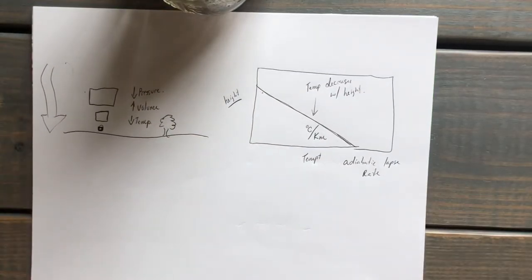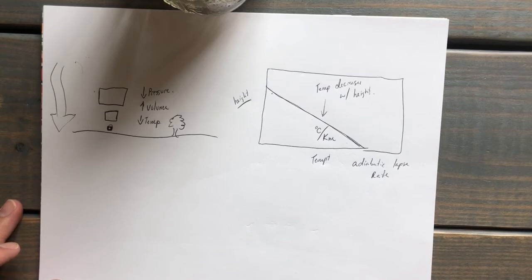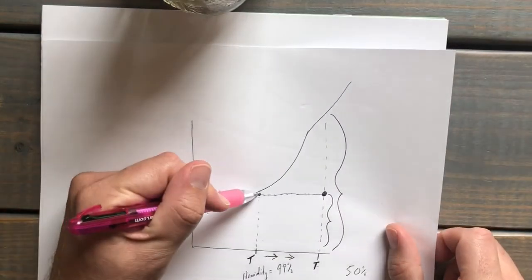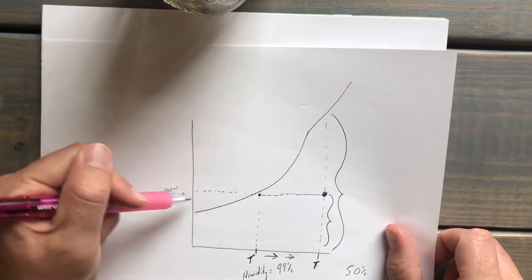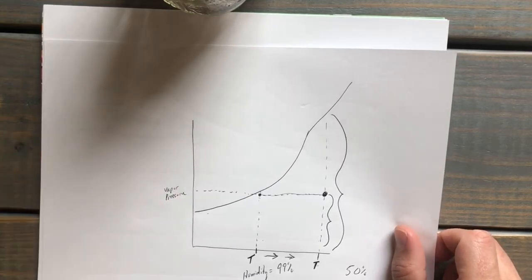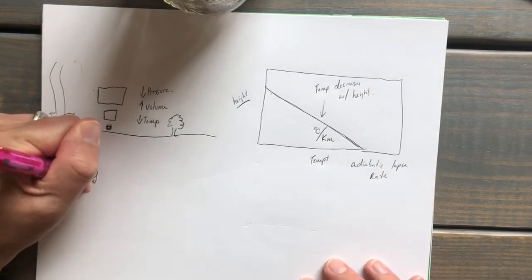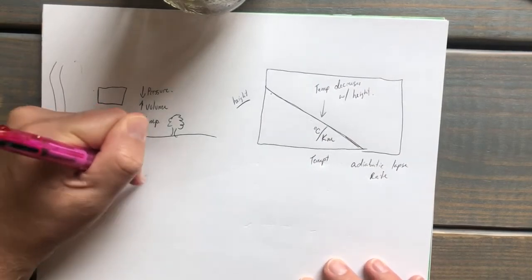So this has a couple important implications. The first is that saturation of air with respect to vapor pressure means that water vapor is going to condense. We're going to go from a gas to a liquid.